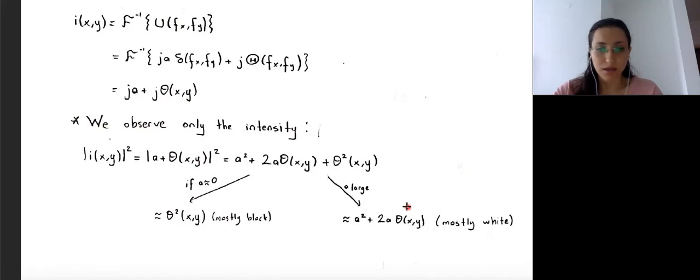But still, in that image, other than a constant DC term, the image intensity will be proportional to the phase of the transparent object. So we will still get information about the phase of the object.